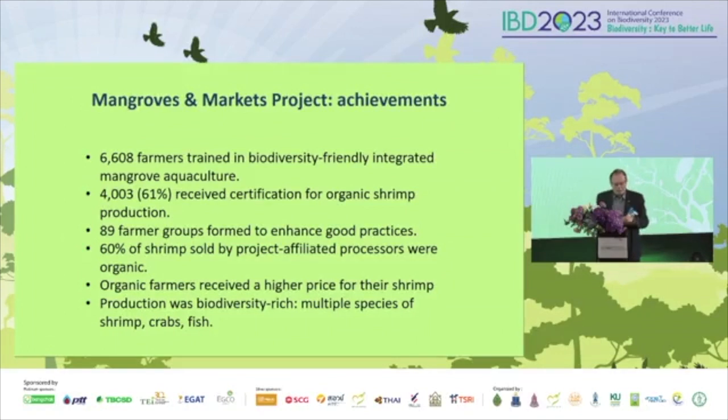So just to summarize, I'll let you read that. Over 6,000 farmers were trained, and about 2/3, 4,000 of them actually qualified as certified organic shrimp producers. They formed very effective groups to help each other and share information.